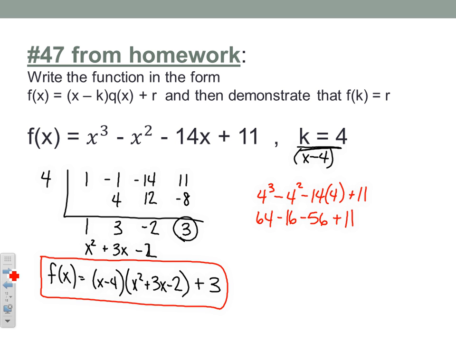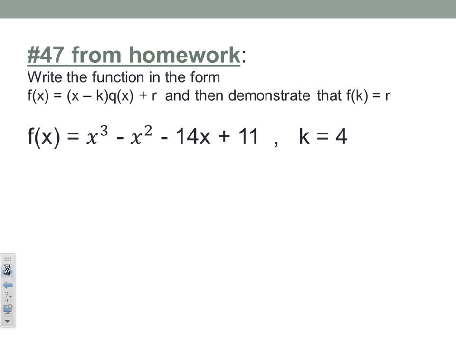And sure enough, if you put that all together, it does end up equaling 3, which it was, in fact, what our remainder back here was. Okay, so that's just a little bit of a demonstration proving that remainder factor theorem.